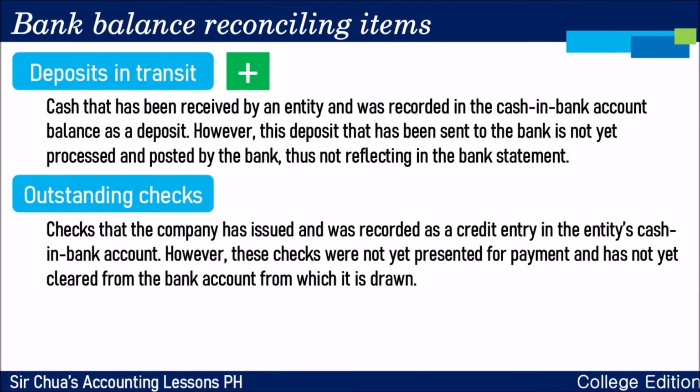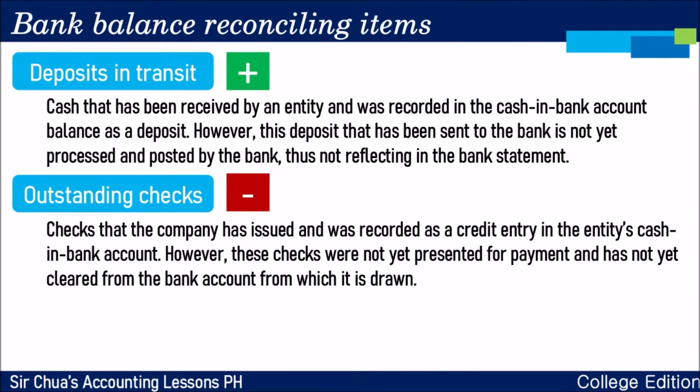So basically, when the check is not yet presented for payment by the one who holds it, your bank account is not yet really reduced by what you paid to your supplier or for the expense. Okay? So, the check is outstanding. It has not yet really been deducted from your account in the bank. So, in order for you to reconcile it properly, it should be deducted from the bank balance.